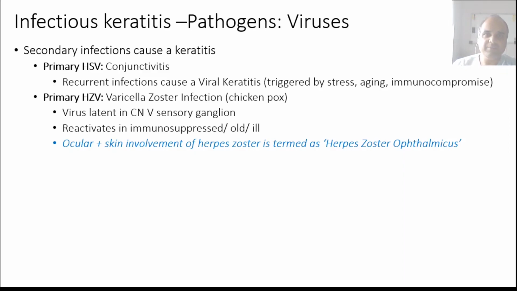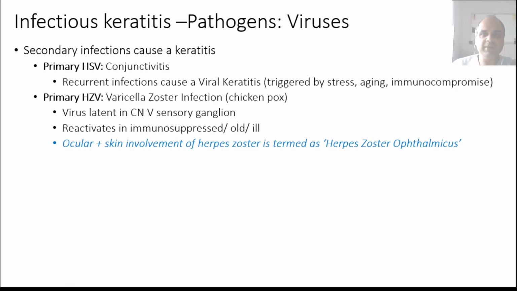But keratitis proper, or keratitis by itself, is a secondary infection caused by herpes zoster or herpes simplex. The primary infection by herpes simplex is a conjunctivitis. Again, we talked about it when we talked about conjunctivitis. And recurrent infection causes a viral keratitis. The triggers that make the virus attack the cornea are basically stress, aging, and an immunocompromised state.